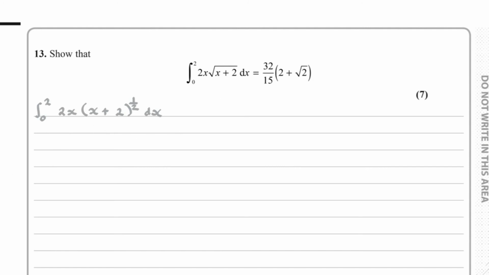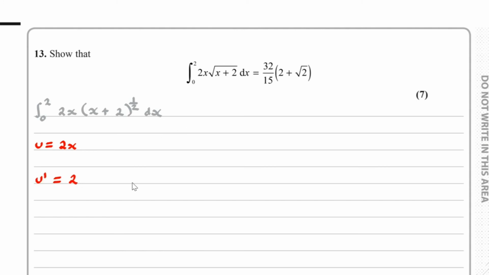Now here we've got two functions which are being multiplied by each other, so we can use integration by parts. We've got u, which is 2x, and therefore u dash, that's equal to 2.